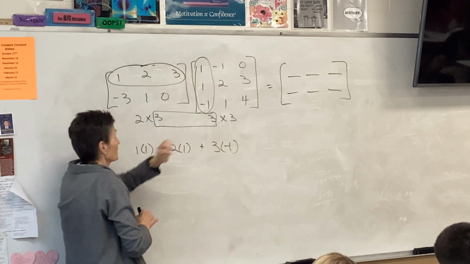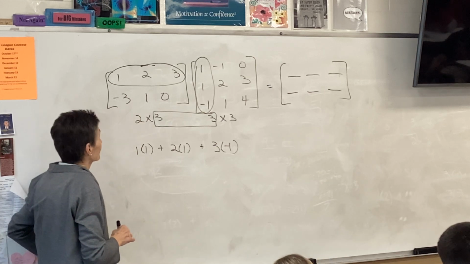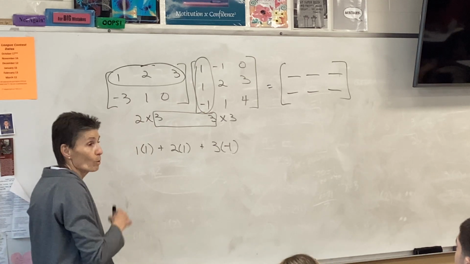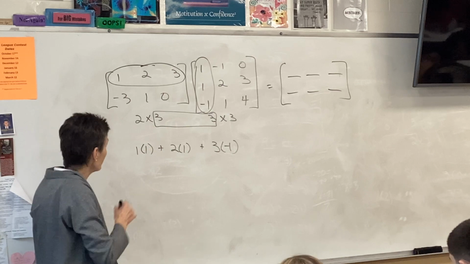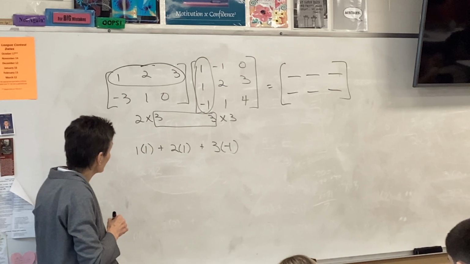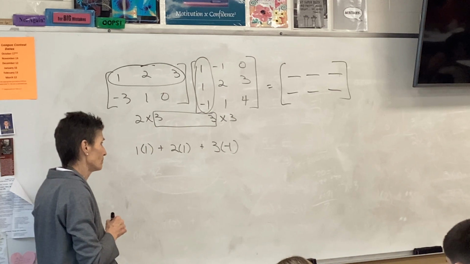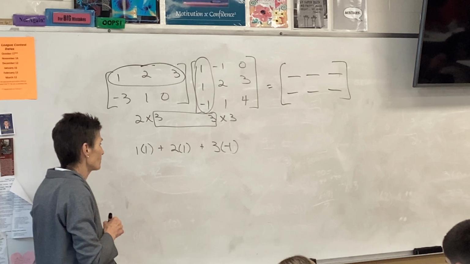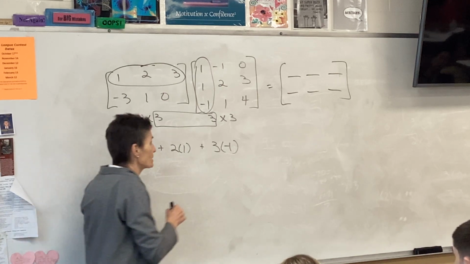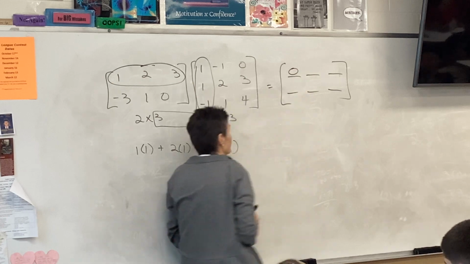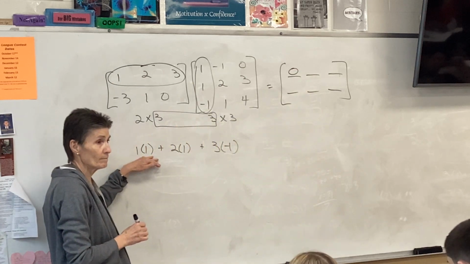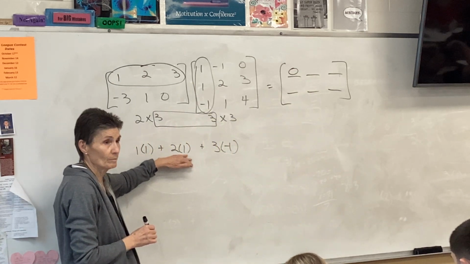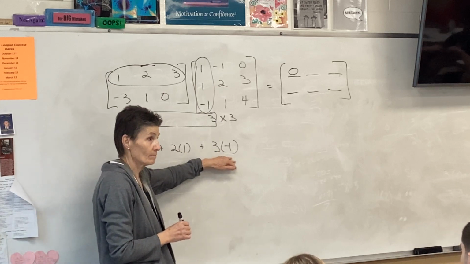That is column 1. Okay, so more numbers here, but you do the same thing, pair them up, and then see what that adds up to. 0, we got 0.